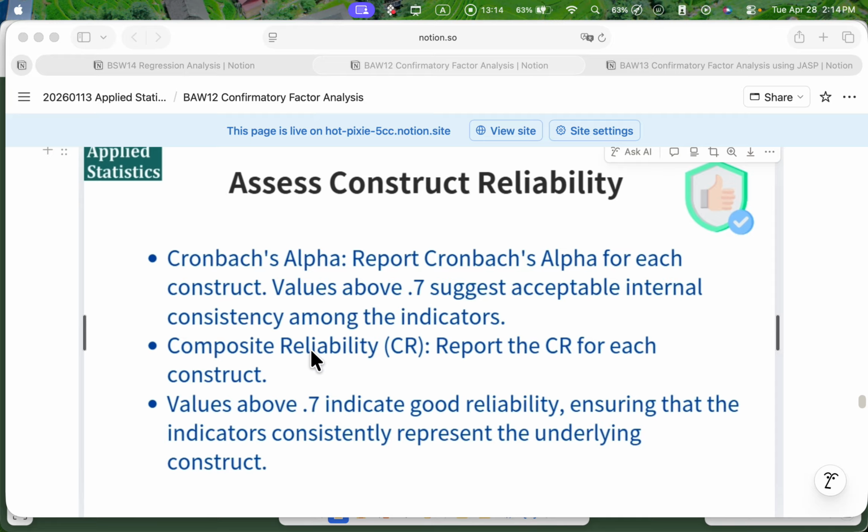Okay, Helen, how many types of reliability do we have to report? 1, 2, 3, 4, 5? How many? 7 reliability? So far we didn't introduce 7 reliability tests.